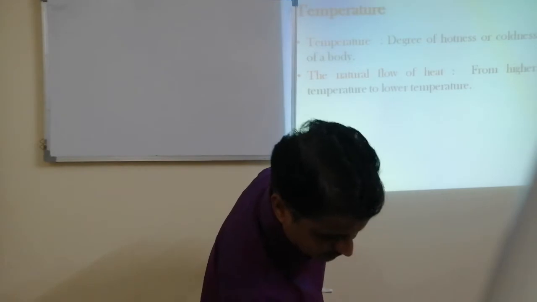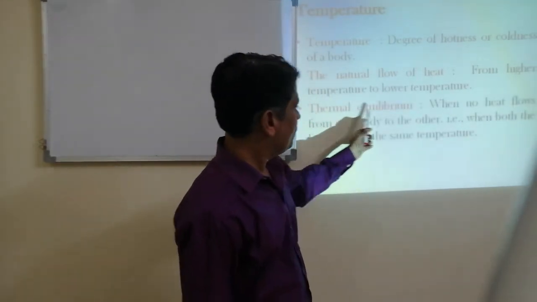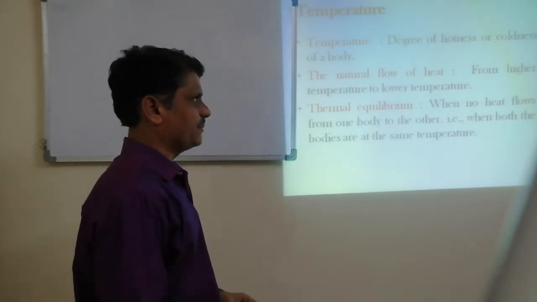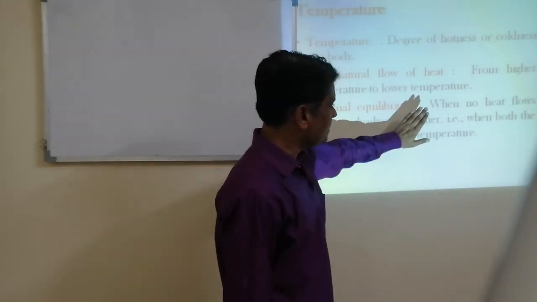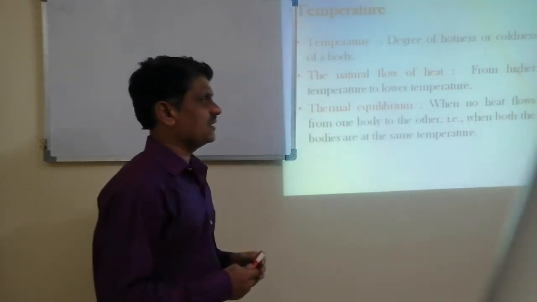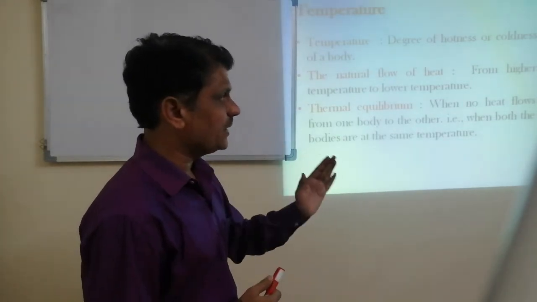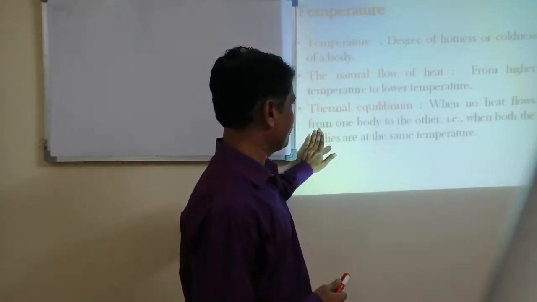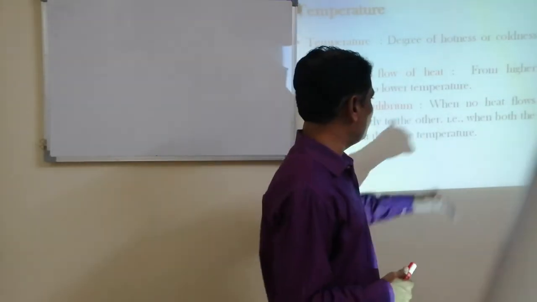And third point, when do we say two bodies are in thermal equilibrium? We can say two bodies are in thermal equilibrium when no heat flows from one body to another.